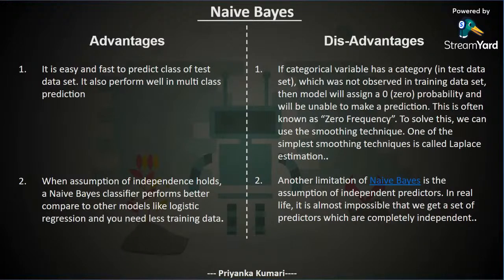This phenomenon is called zero frequency. To solve this, we have something known as a smoothing technique, which is known as Laplace estimation. So we will be using Laplace estimation to handle the zero frequency problem.